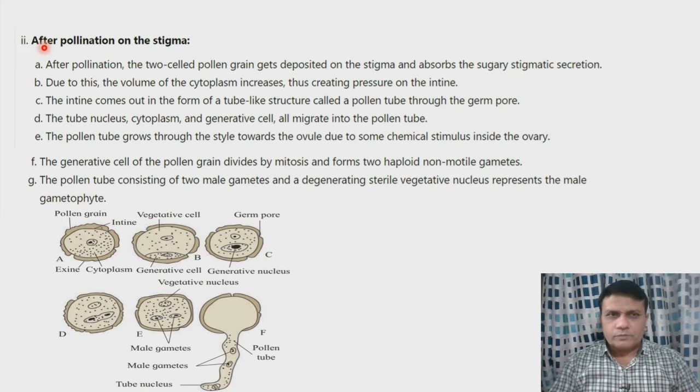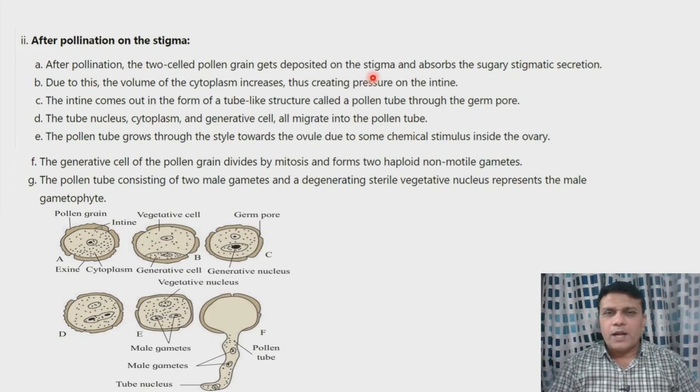Now the first point is that after pollination, the two-celled stage pollen grain gets deposited on the stigma. Generally, at the two-celled stage, the pollen grains are transferred from the anther to the stigma of the flower, and this process is called pollination.